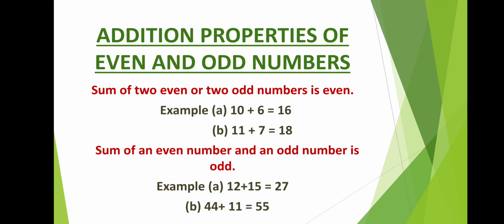When we add an even and an odd number, we'll get 27, which is an odd number. Similarly, in the next example, 44 is an even number and 11 is an odd number. When we add 44 and 11, we'll get 55, which is again an odd number. So these are the two addition properties of even and odd numbers.